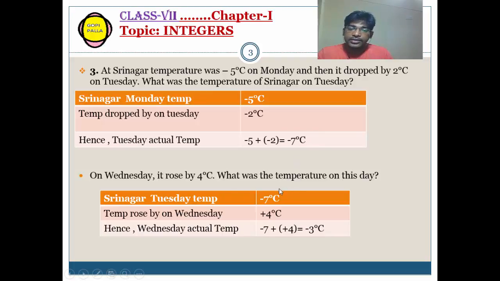Temperature rose means it is increasing, means positive gain, so plus 4 degrees. Hence the Wednesday actual temperature: we have to add these two, -7 degrees plus 4. Here one minus and one plus, two different signs, so we have to subtract, and keep the sign of the highest integer. The sign of the highest integer among 7 and 4 is 7, so we keep minus. Minus 3 degrees centigrade is the answer. That is the temperature on Wednesday.